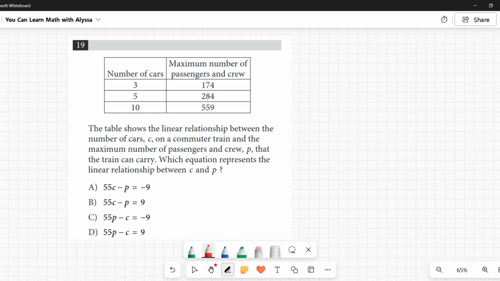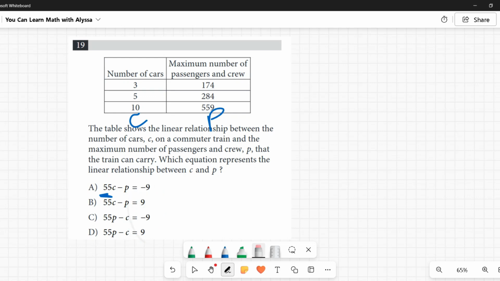Okay, so we could go through and plug these into each one of those equations and see which one works. I don't think you have to go that far, because the number of cars is C and the maximum number of passengers and crew, I should say, is P. So 55 is either going to be multiplied by C or P, and then the other number is subtracted, and we're going to get to either 9 or -9.